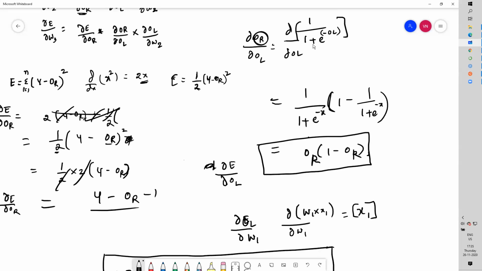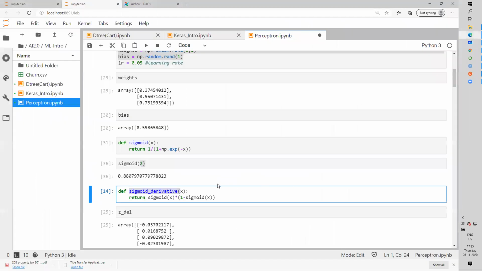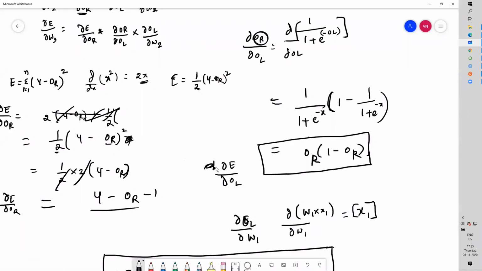If we derive this and consider all of this as y, it is y into 1 minus y. So we are defining sigmoid derivative of x, whatever be the input, it returns x into 1 minus x.